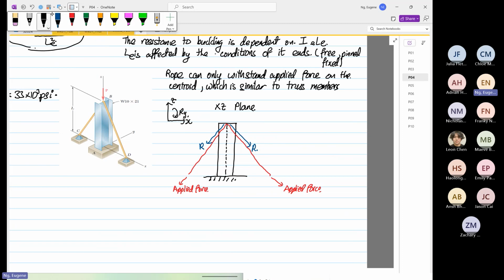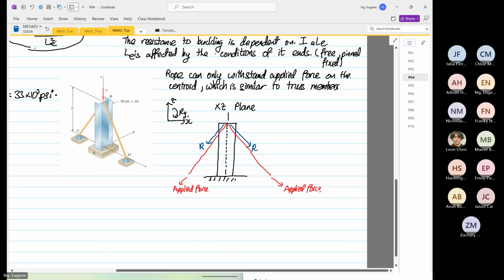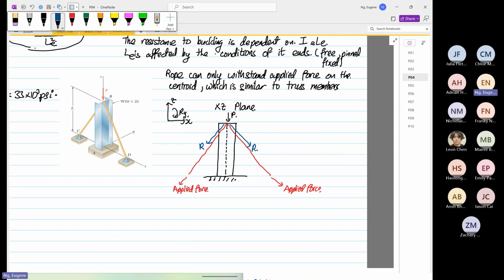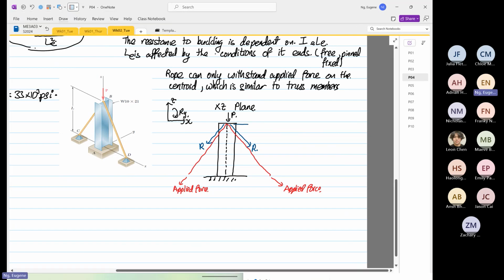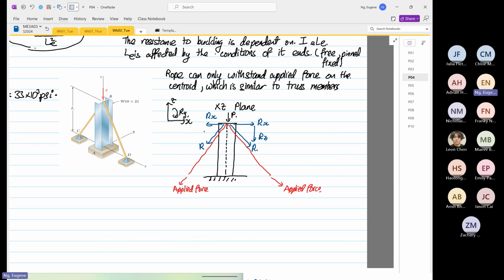And then we have a force over here, which is P. Okay, P is the one that we want to determine. So when that's the case, this rope has a force in both Rx and Rz, and it will go the opposite, Rx and Rz.